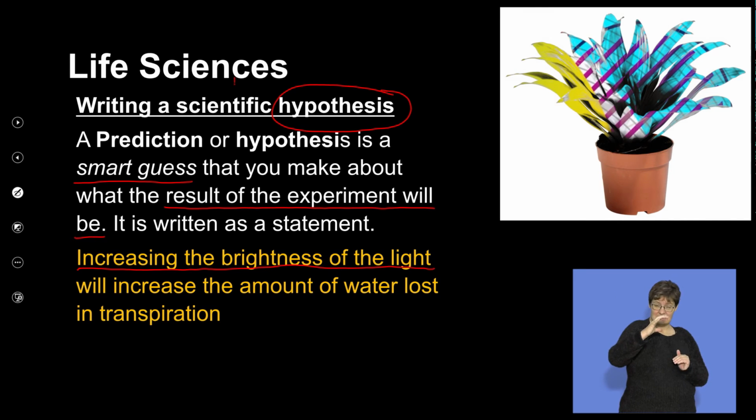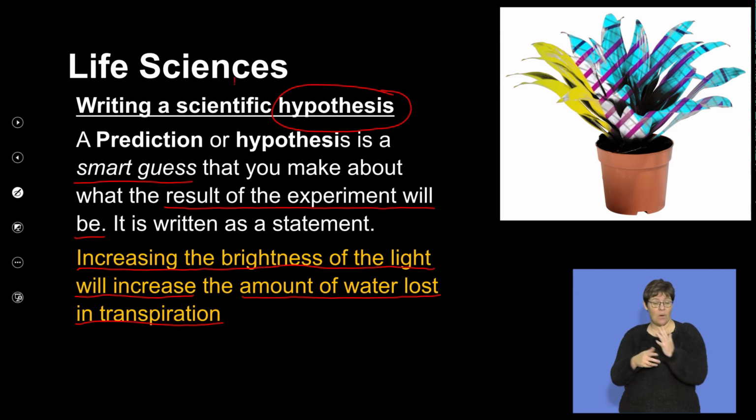That is your independent variable. Will increase. That's your relationship word. And what are you going to measure? The amount of water lost in transpiration. So if you look at this, it's actually very similar to the aim. It's just expressed slightly differently.